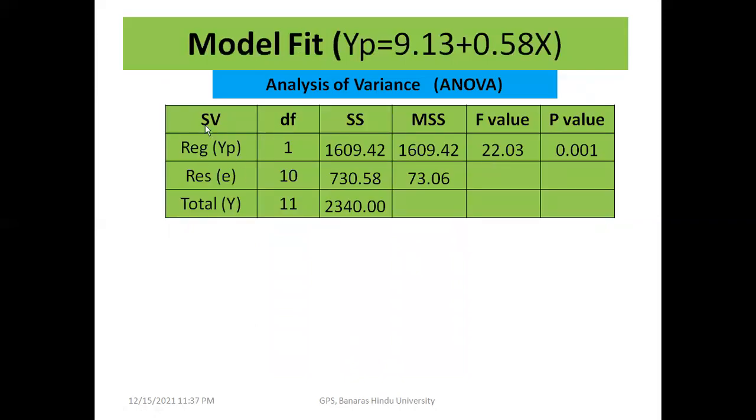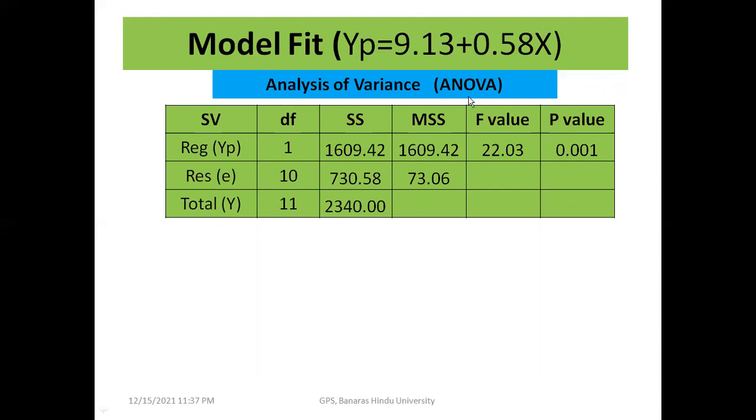So we write the source of variation, meaning how my dependent variable values were varying. What were the reasons? One reason was my independent variable. Due to income, expenditure was varying.